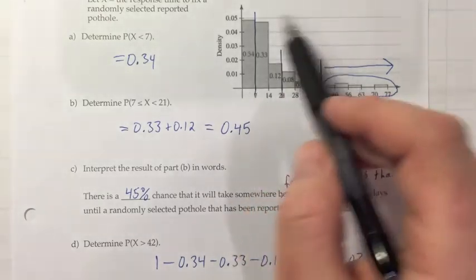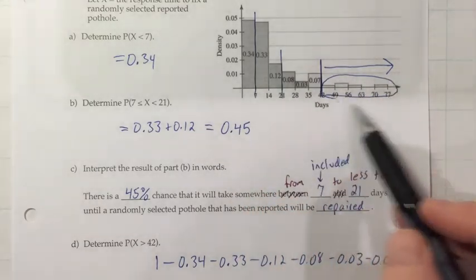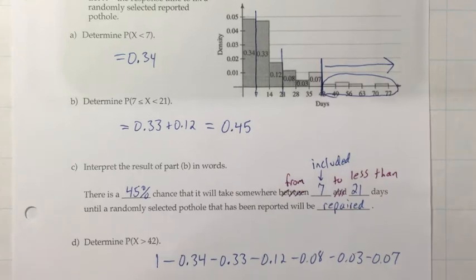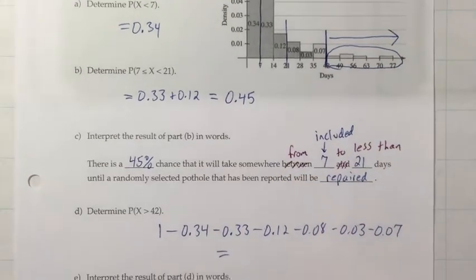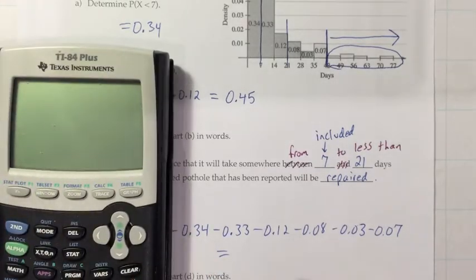So if you subtract this away from the total, you should be left with these. So that's the approach we would have to use on that one. So let's see how that works out. So 1 minus the 0.34, the 0.33, the 0.12, and so on.